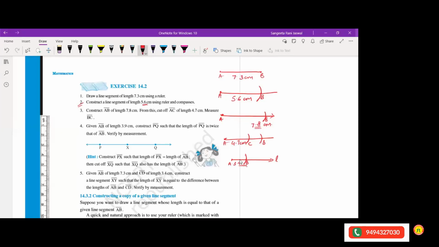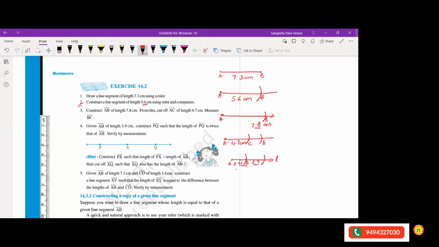Yes, ma'am. Now don't change the measurement of the compass. Keep your pointer at point B now. With the same compass opening, keep the compass needle at B and construct another arc cutting this line. So this will also be 3.9 centimeters.